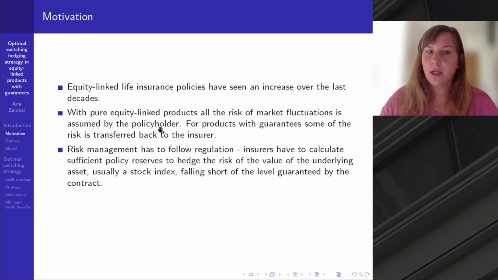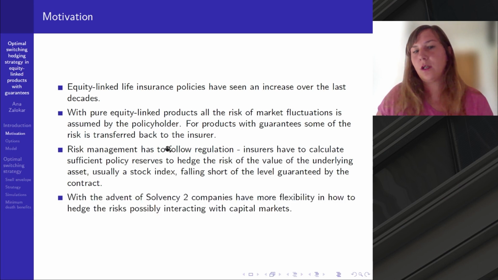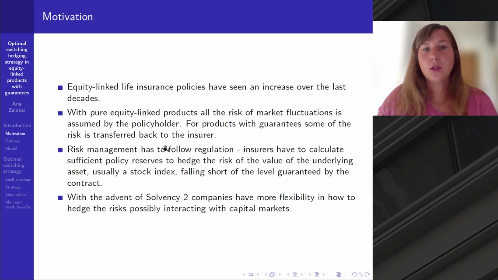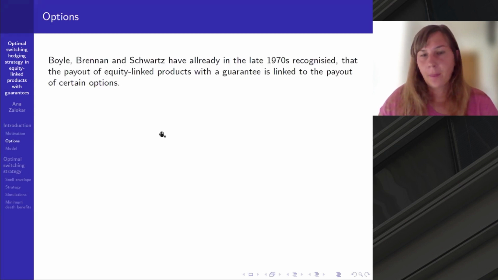Insurers have to calculate sufficient policy reserves to hedge the risk. But with the advent of Solvency II, companies have more flexibility in how to hedge. So the first question was which tool to use for hedging the risk. And we decided to use options. So in this presentation, I will present the hedging strategy that we proposed.